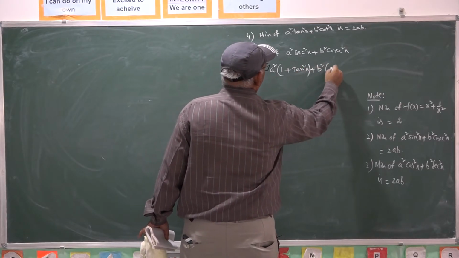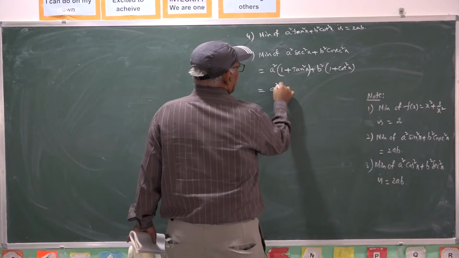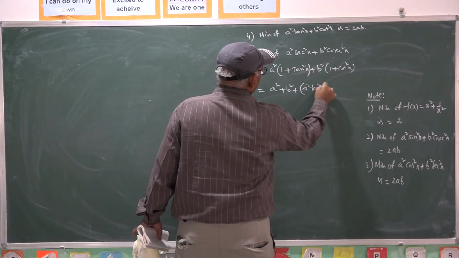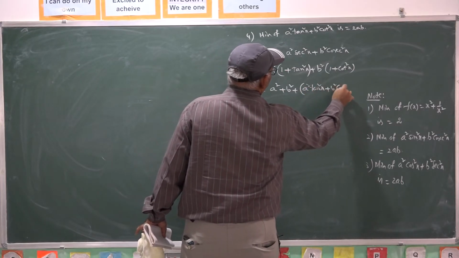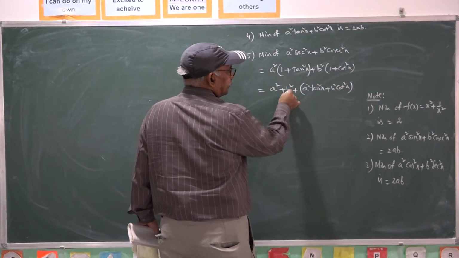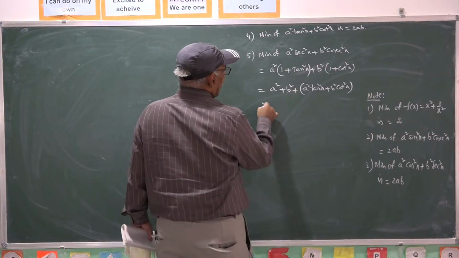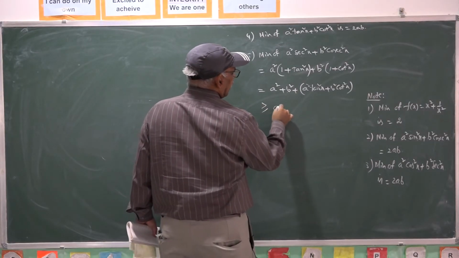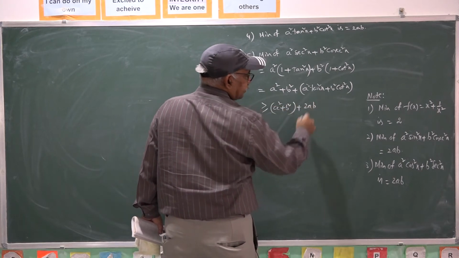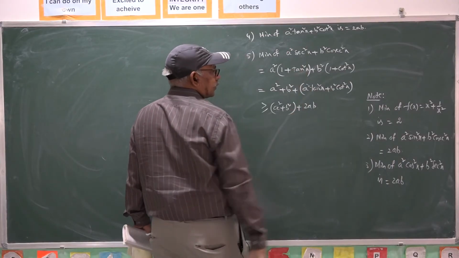Similarly, cosec square as 1 plus cot square x. That is a square plus b square plus a square tan square x plus b square cot square x. This is constant, whereas this minimum value is 2ab. So hence, this is always greater than or equal to a square plus b square plus 2ab itself, because the minimum of this one is 2ab from this one.